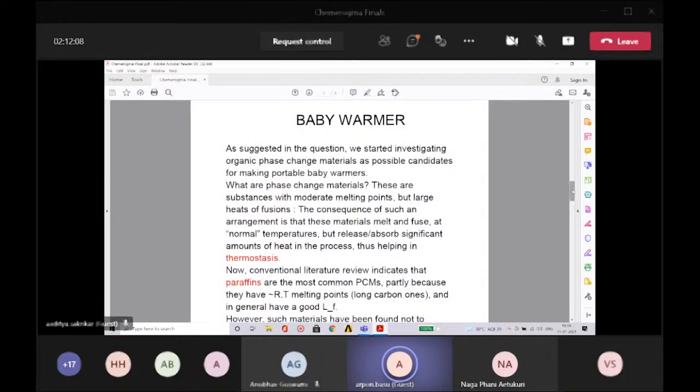Freezing would be facilitated. Okay, so what will happen to the hysteresis if you repeatedly melt and freeze, melt and freeze, melt and freeze? So yeah, the water will reach fatigue faster. Okay, what does that mean?